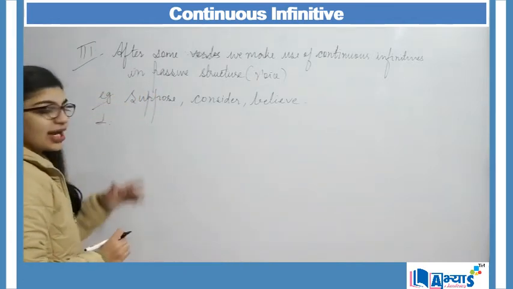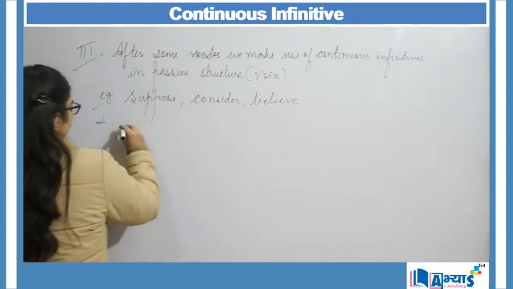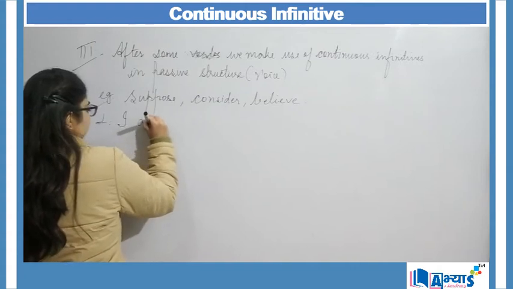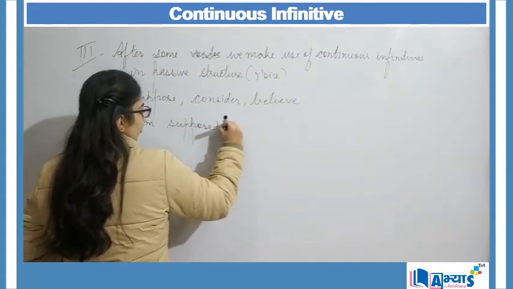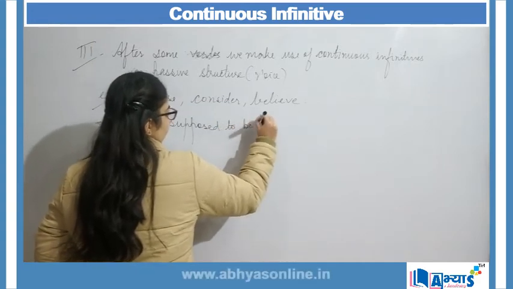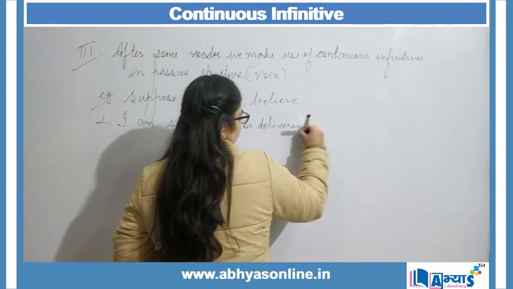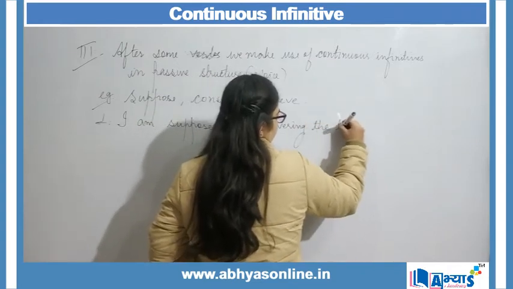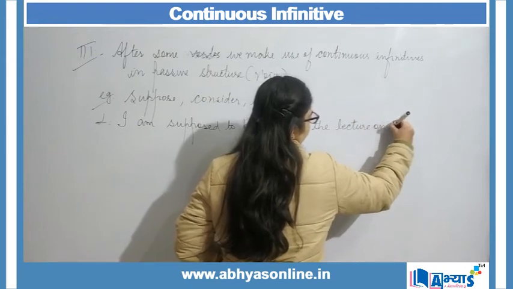So the first example which I can explain, now this is the example. Now let us apply this rule in our sentence. So I say, I am supposed to be delivering the lecture on Monday.